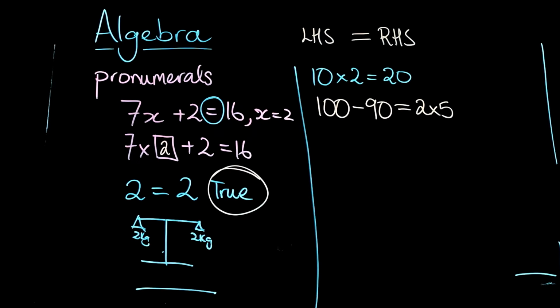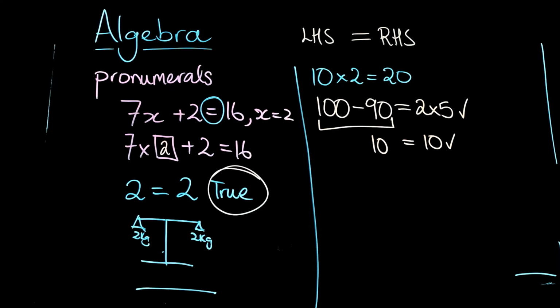Now, we know the left-hand side is equal to 10, and perhaps we could take another line here and write this. 10 equals 2 times 5, and look at the right-hand side now, and 10 equals 10. And that statement would be true. We could even, because this is really simple kind of stuff, we could just look here and say that's true, or give it a tick or something. So that's the kind of thing that we need to do.